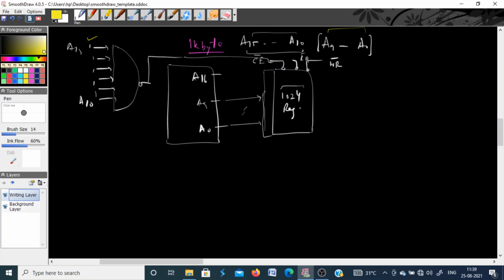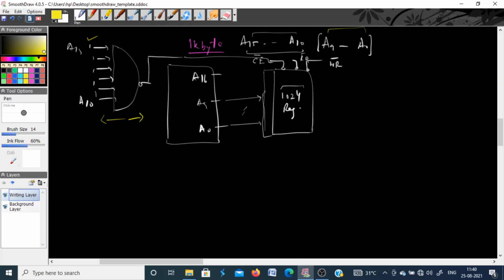So this is how you identify the address range and address map. Okay, now one more way to do this is that in place of using a NAND gate or some other hardware logic circuit, you can use a decoder circuit here also to select this chip.